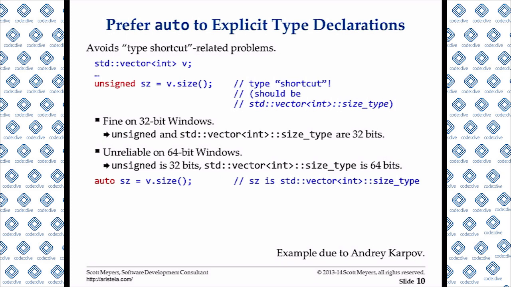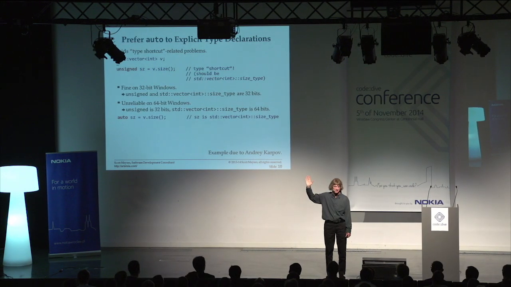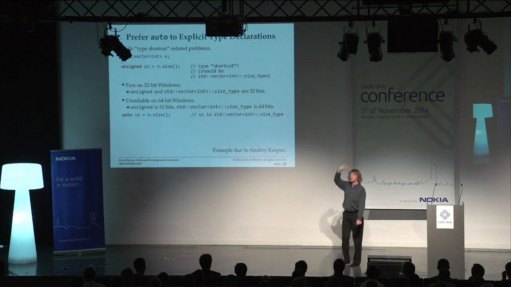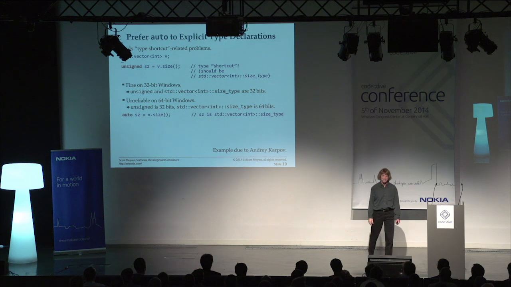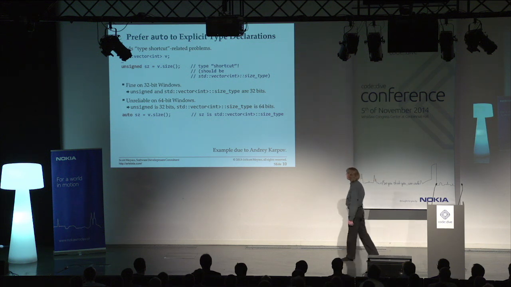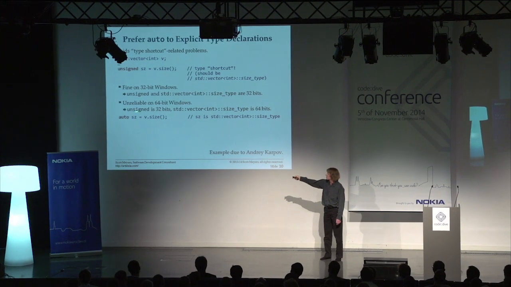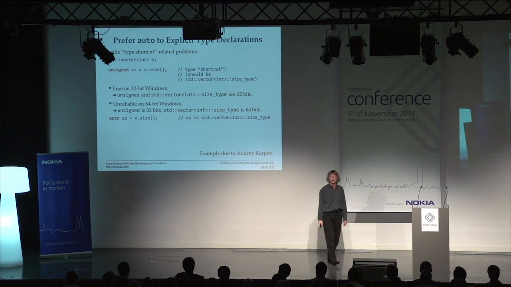Just out of curiosity, when people are writing their test cases, how many people write test cases that test containers with more than 4 billion elements? Not many. This will only fail when you have a container with more than 4 billion elements. On the other hand, if you had simply said auto sz = v.size(), this automatically gets the proper type of this expression, and that's the type of sz, which means you don't have to worry about losing precision this way.